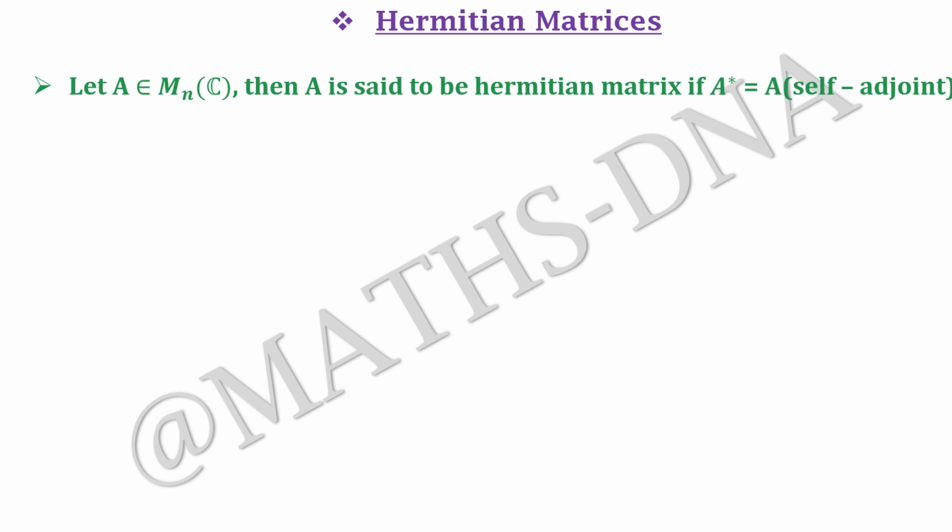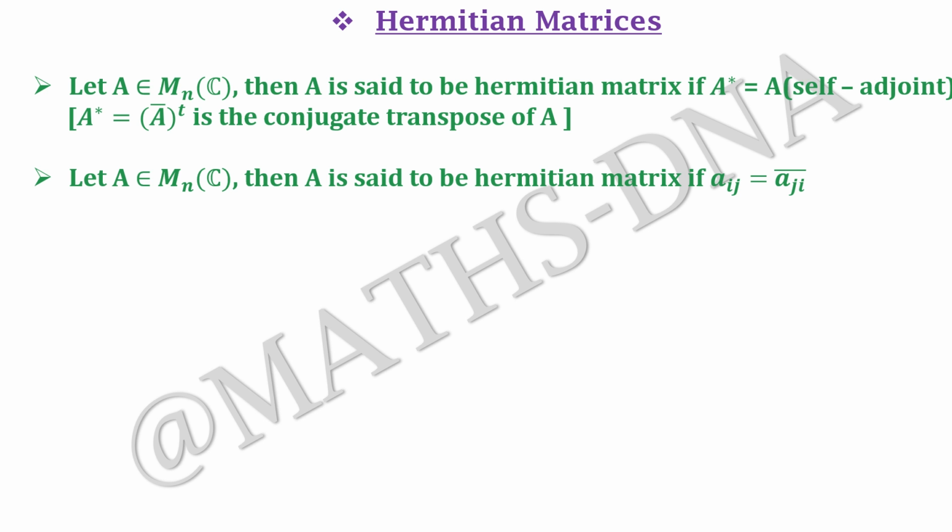Let A belong to M_n(C), then A is said to be a Hermitian matrix if A star equals A, that is self-adjoint, and A star is nothing but the conjugate transpose of A. Another definition for Hermitian matrices: let A belong to M_n(C), then A is said to be Hermitian if Aij equals Aji conjugate, where Aij is the entry in the ith row and the jth column.